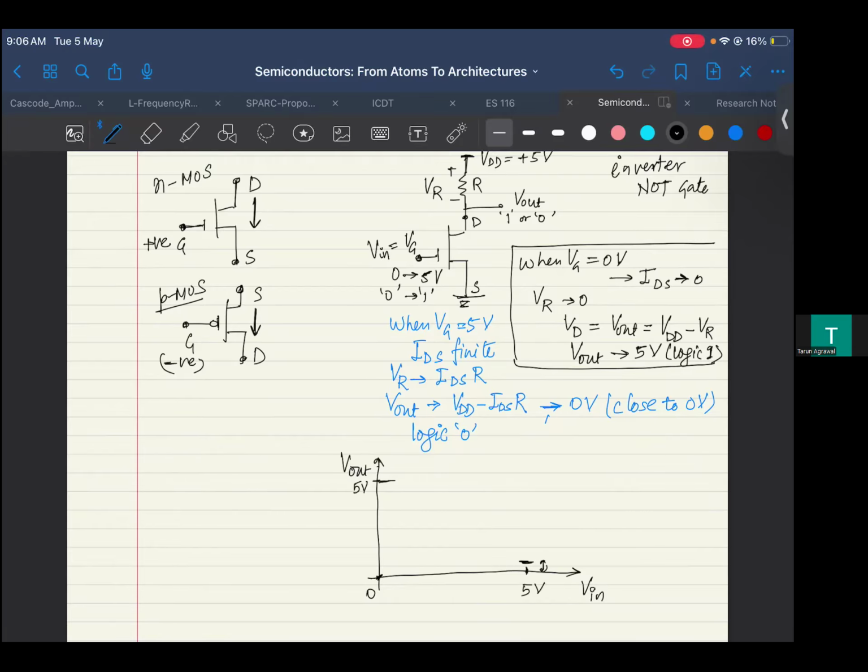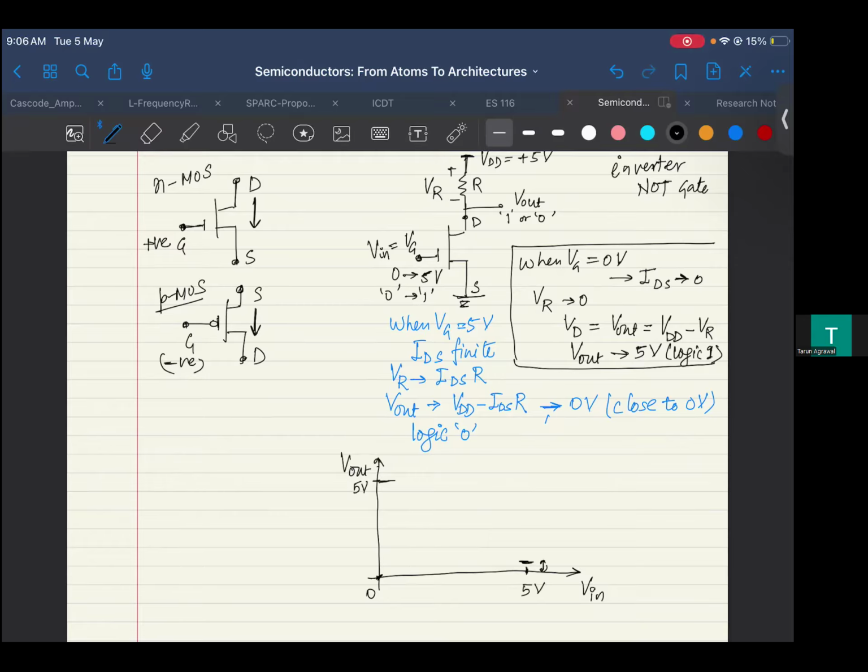If you were to solve this, you can solve it knowing how the current changes with the input gate voltage in a transistor. And that's where you use any model, or we typically use very simple models for modeling these MOSFETs, like the square relations you would have seen.